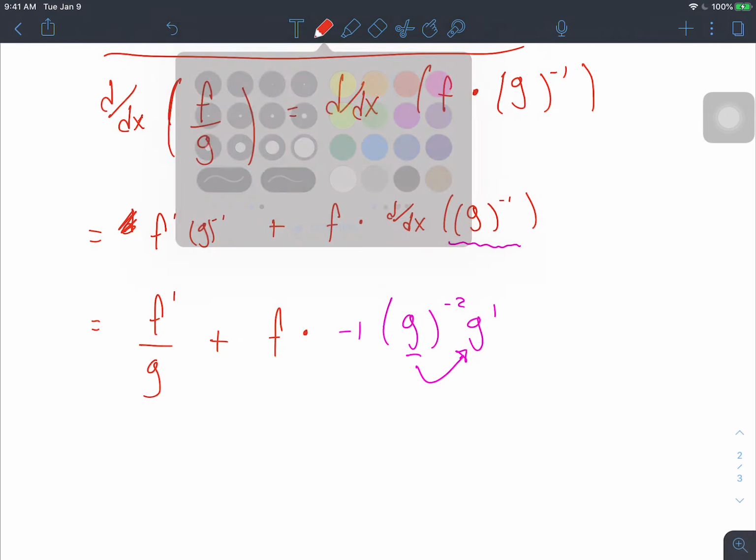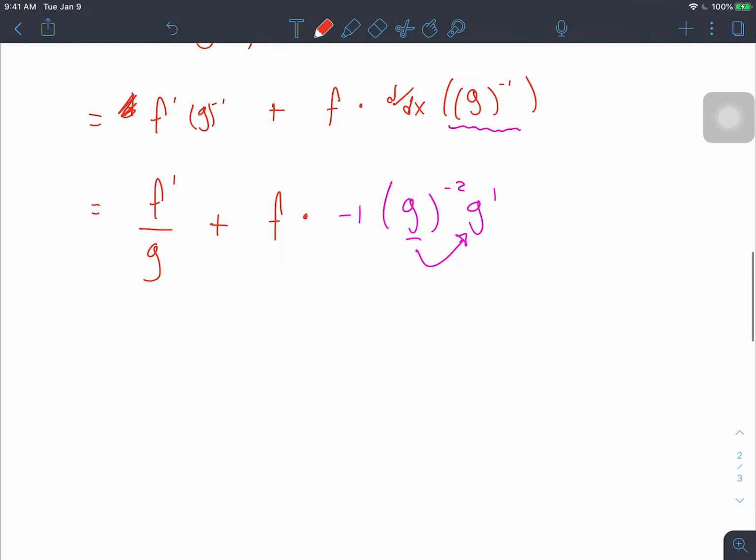So let's clean it up a little bit. It looks like f prime over g plus f g prime over, sorry, this should be a minus sign, over g squared. Now, how would I get a common denominator between these two functions, or between these two terms here?